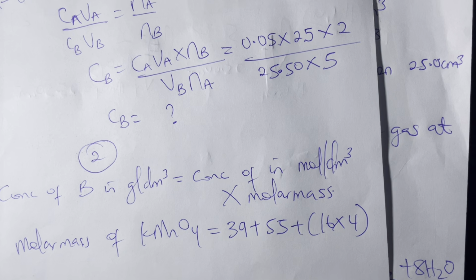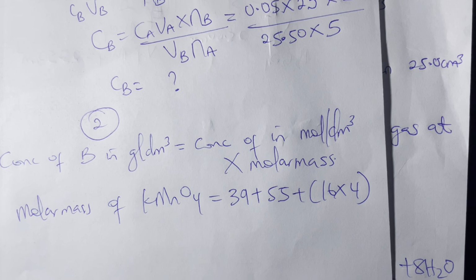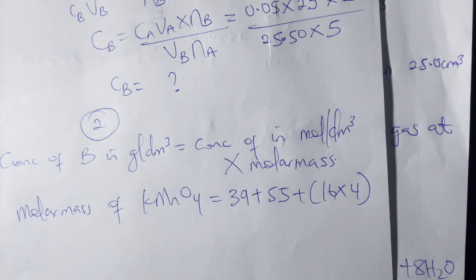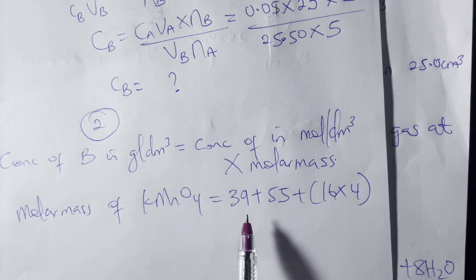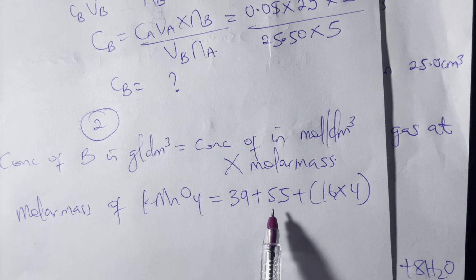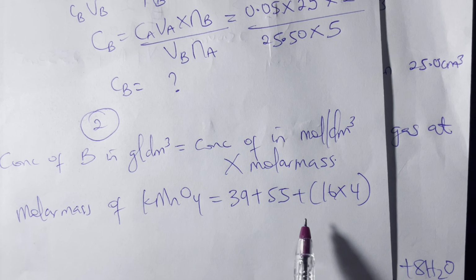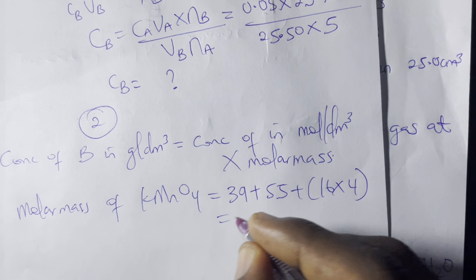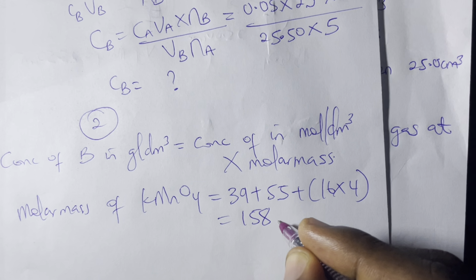So the total molar mass is 39 plus 55 plus 16 times 4. That's basically going to be 158. You can do the calculation better.